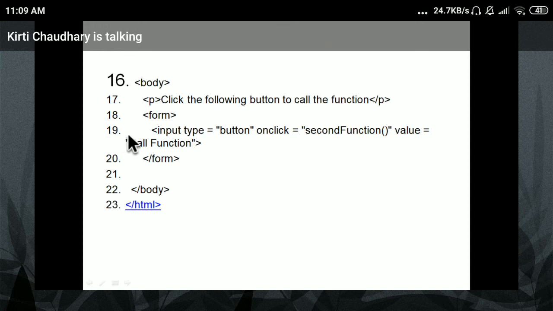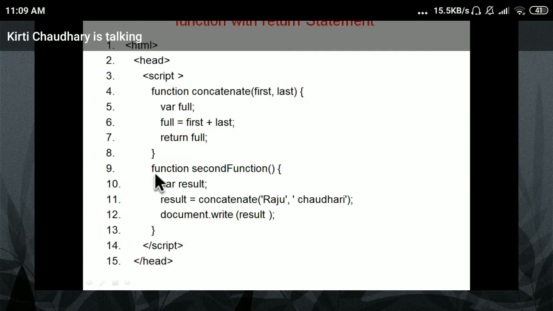Line number 19, input type equal to button. On click, the second function will be called, with the value call function. Now see, when the user clicks on the button, the second function will be called.